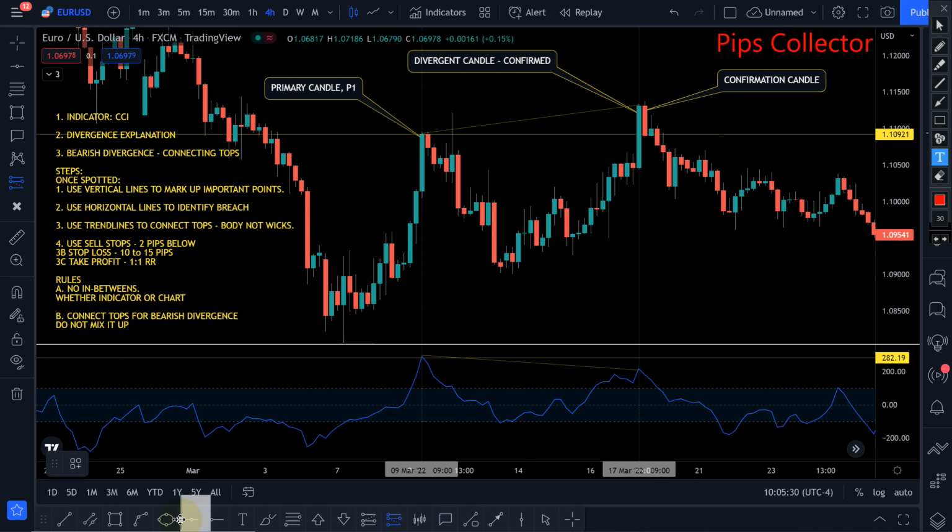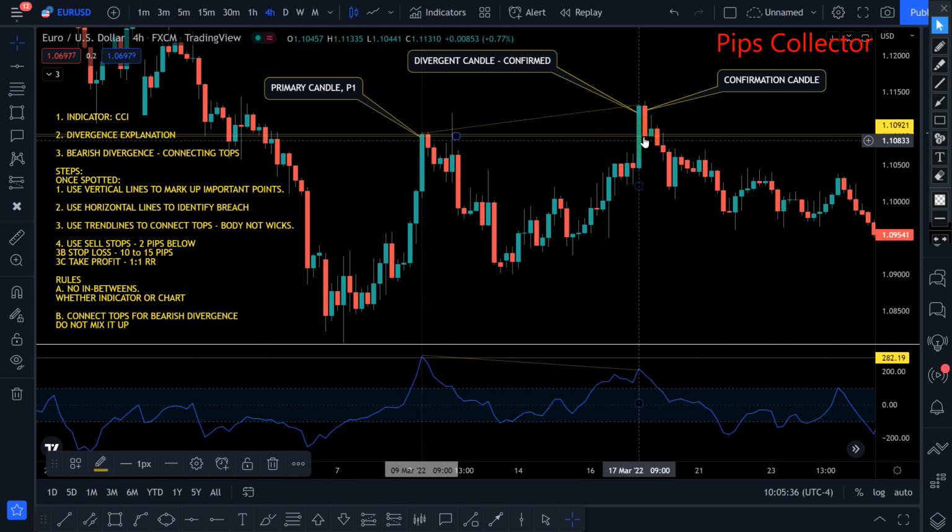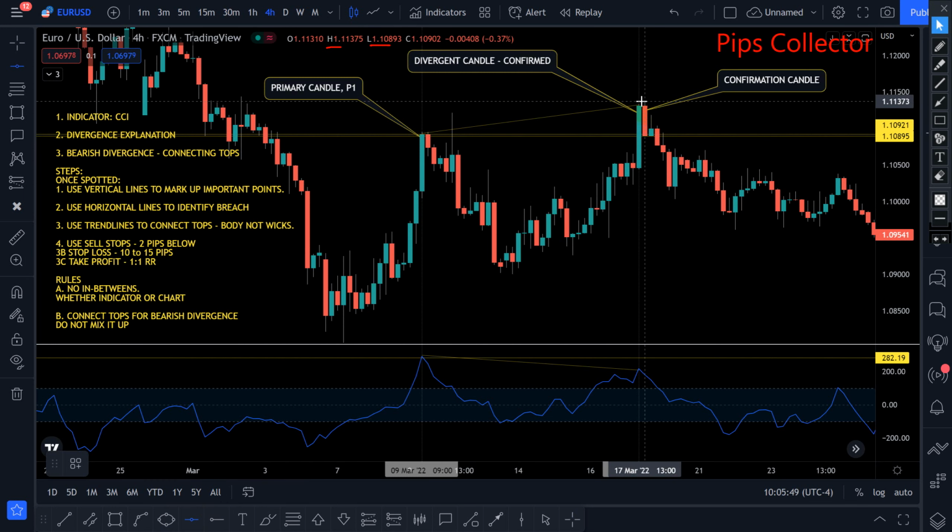Place at this bottom here a horizontal line, just repeating the same process. Look at here, look at this. Just repeat the same process. Place a horizontal line at the peak here.